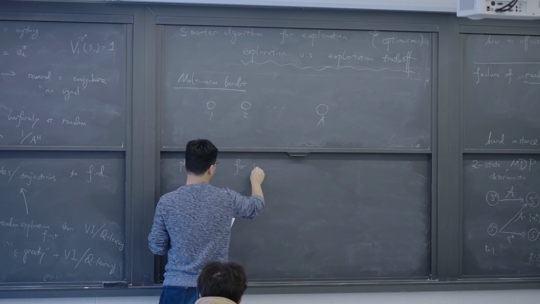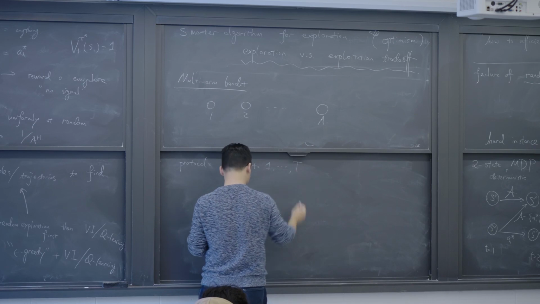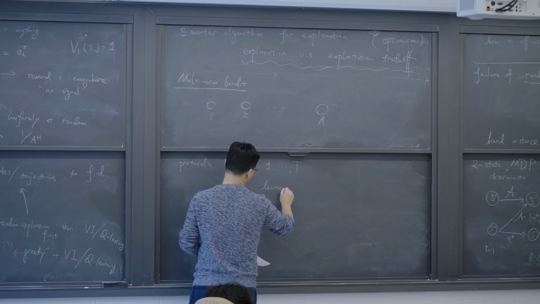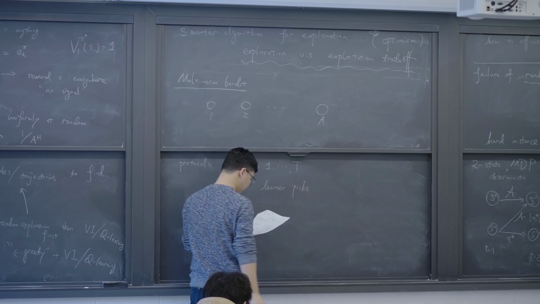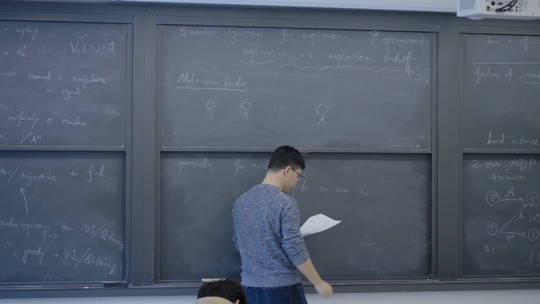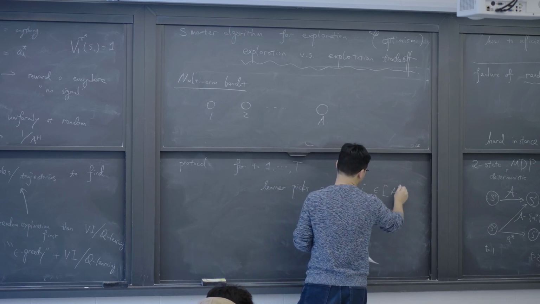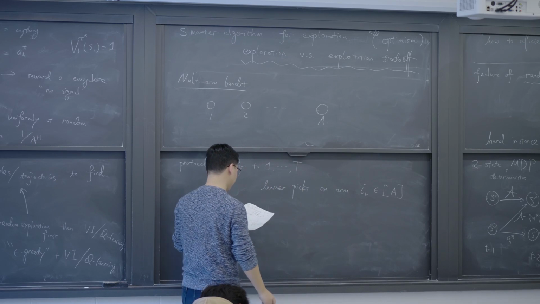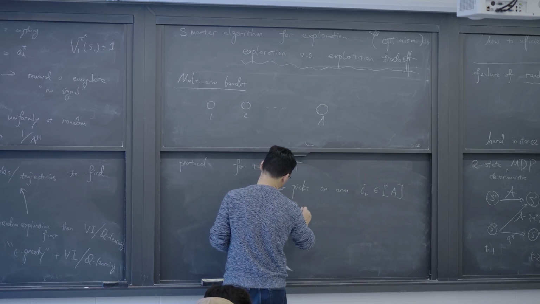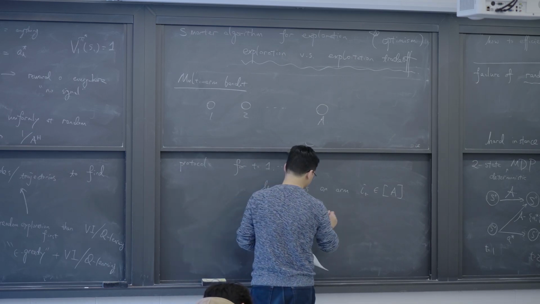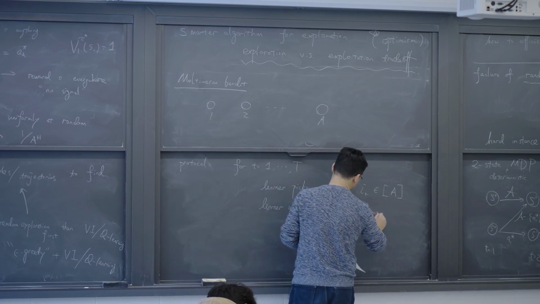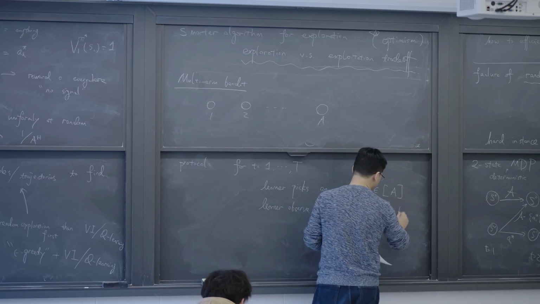For t from 1 to capital T, the learner picks an arm I_t, which is in the action set, and then the learner observes the stochastic reward R_{I_t}.